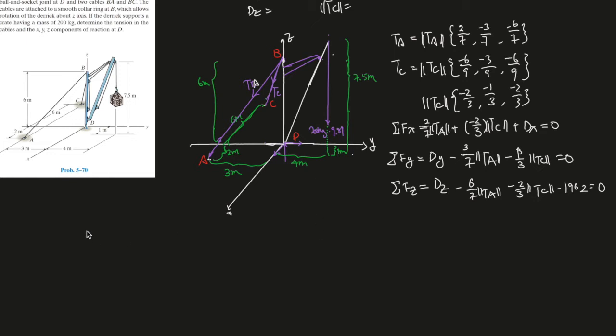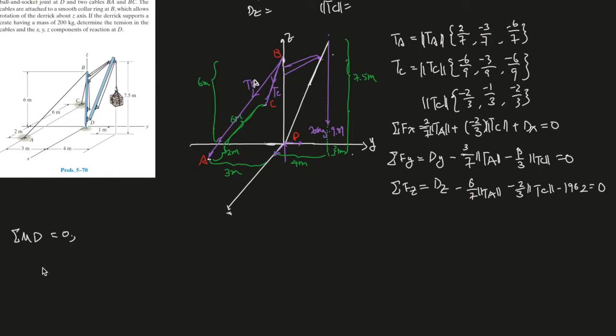So from now on, we can use the sum of the moments method. So this is equal to 0, the sum of the moments at D, because this gets rid of the most unknowns at the same time.